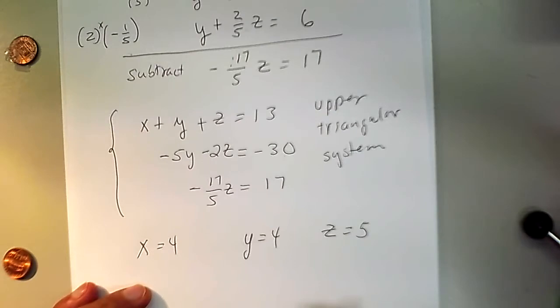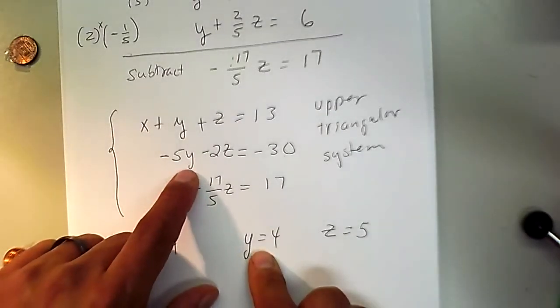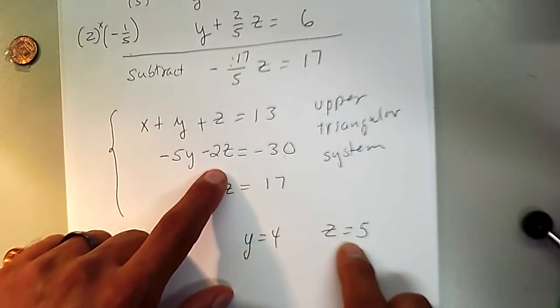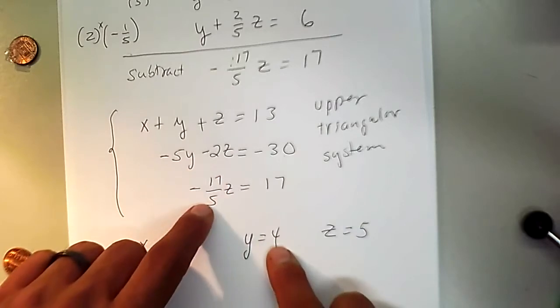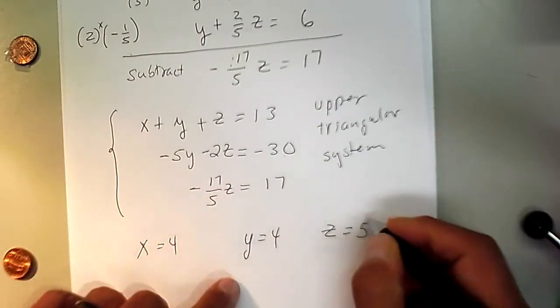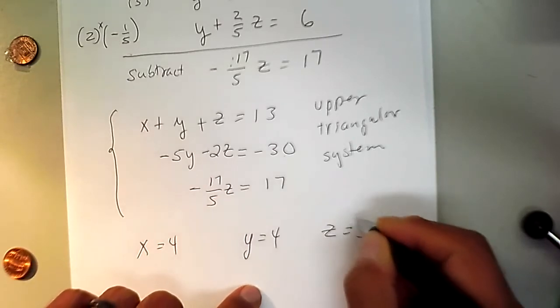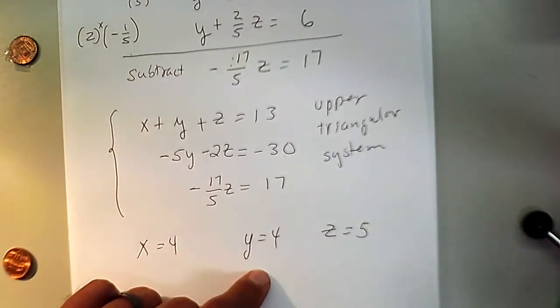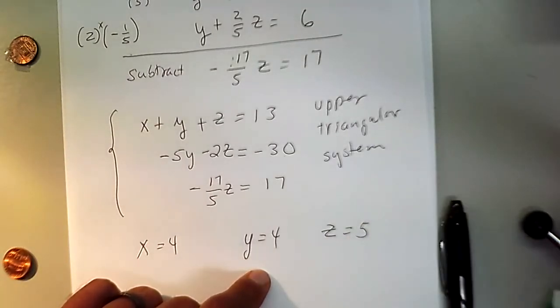Let me double check this. So negative 20, and negative 10. Yep, that's negative 30. And of course, if z is 5, oh, there's a problem here. Z is negative 5. No wonder. Yeah, I missed the negative. Let's erase this very quickly.